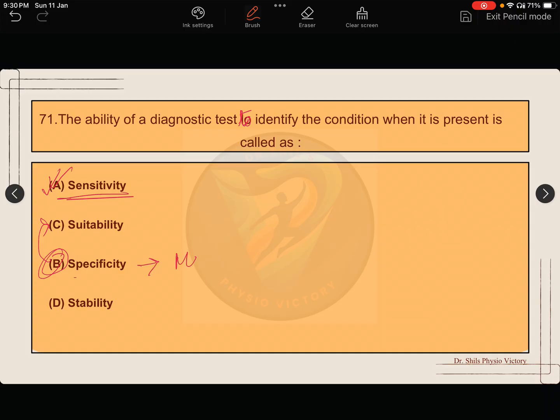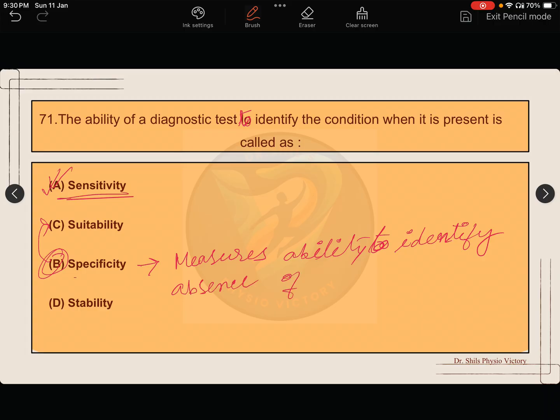Specificity basically measures the ability to identify absence of disease, not presence. Sensitivity is presence of disease.